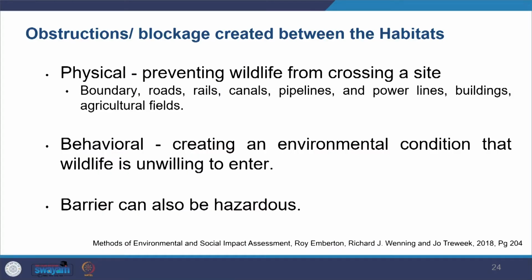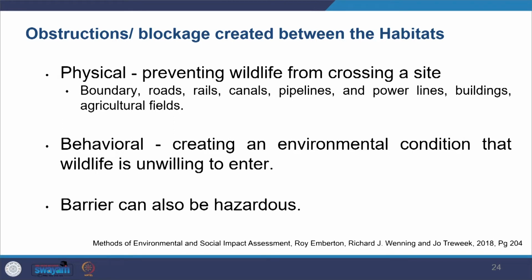Many a time, because of the project and the changes that will happen, new obstructions or blockages are created between habitats. These blockages can be physical, which prevents wildlife from moving from one place to another.